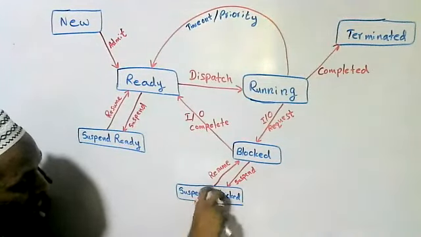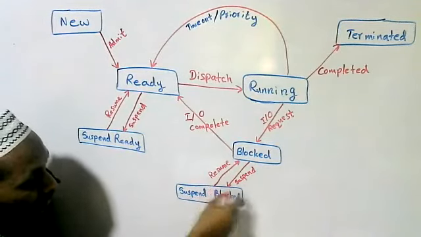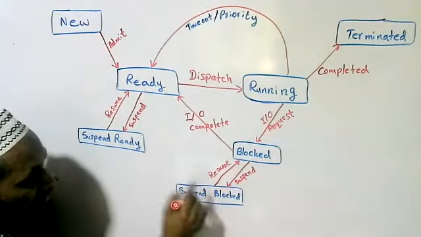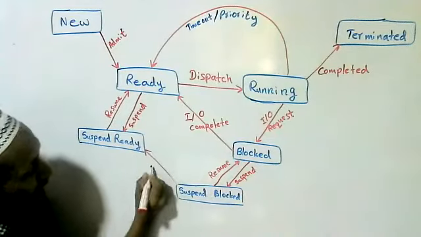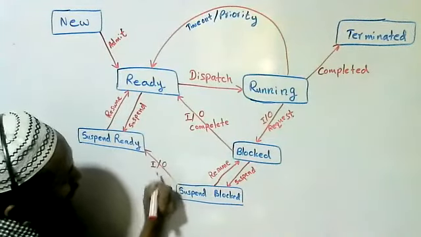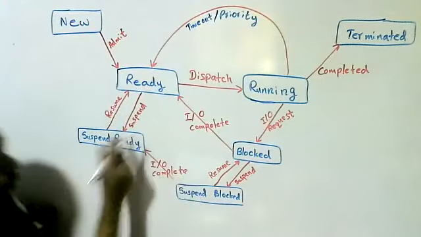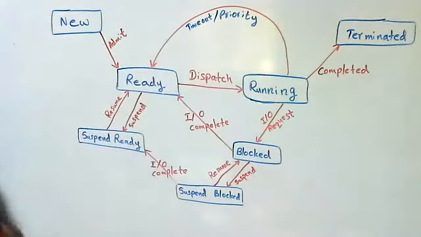If it completes its IO request, it goes to suspend ready. That means IO complete. It goes to suspend ready, then it can resume to ready and go to running state. So these are the 7-state process transition diagram.